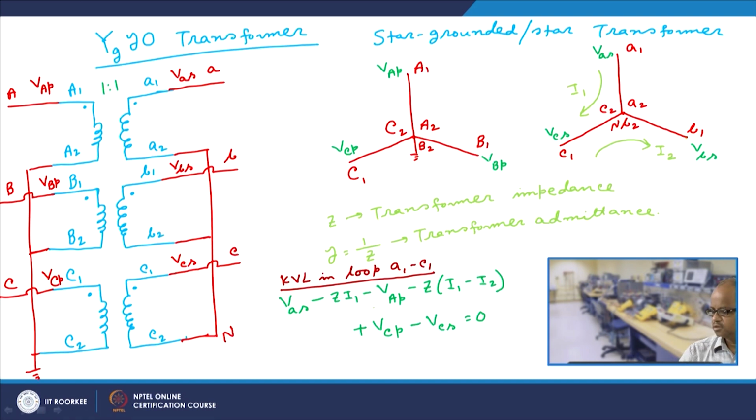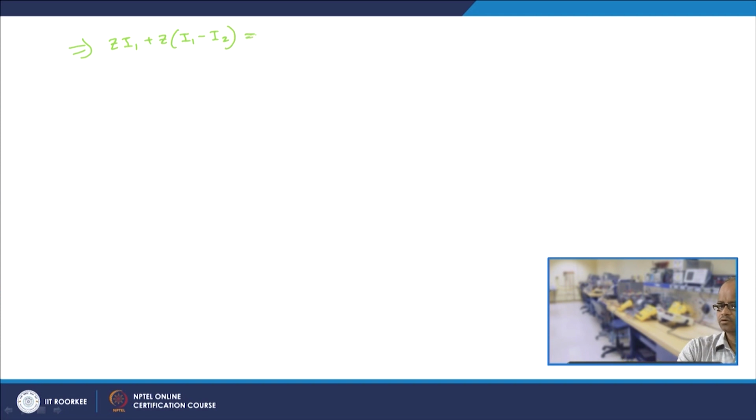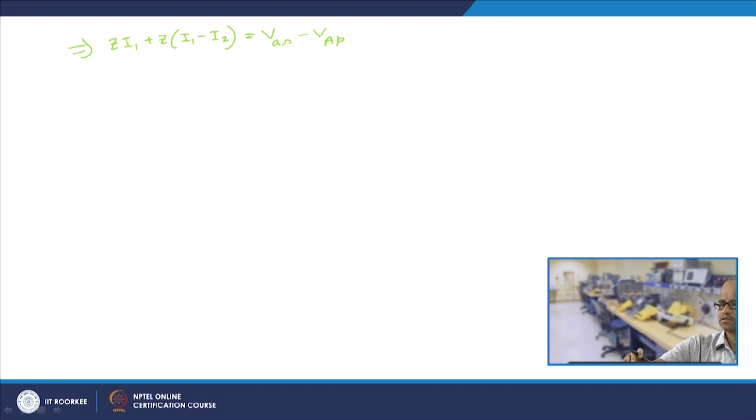So, then we can write down the equation. From this we can write down that ZI1 plus ZI1 minus ZI2, so ZI1 plus Z into I1 minus I2 is equal to VAS minus VAP plus VCP minus VCS.